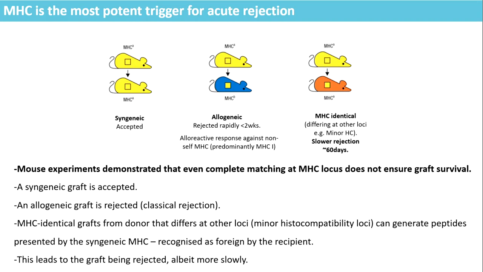But if we match the MHC, so this time we've got an individual mouse that's matched for MHC-A, the graft will survive longer, but we'll still get rejection, and this is down to the minor histocompatibility antigens. So we need to factor them in as well, but the graft will be rejected, albeit a lot more slowly.